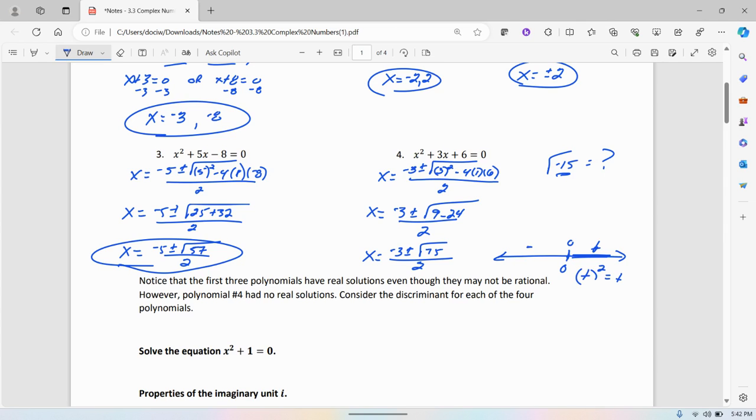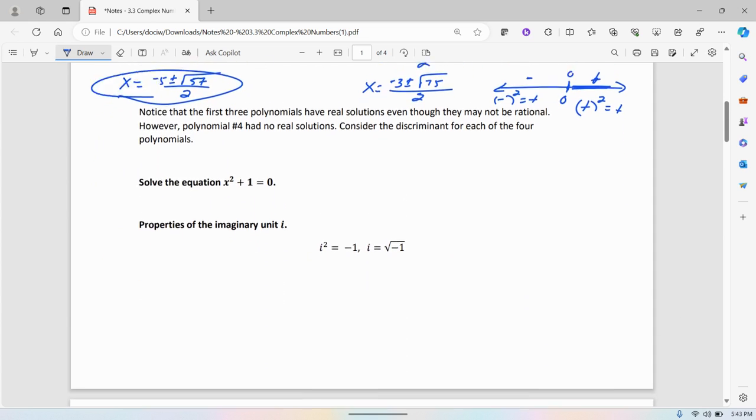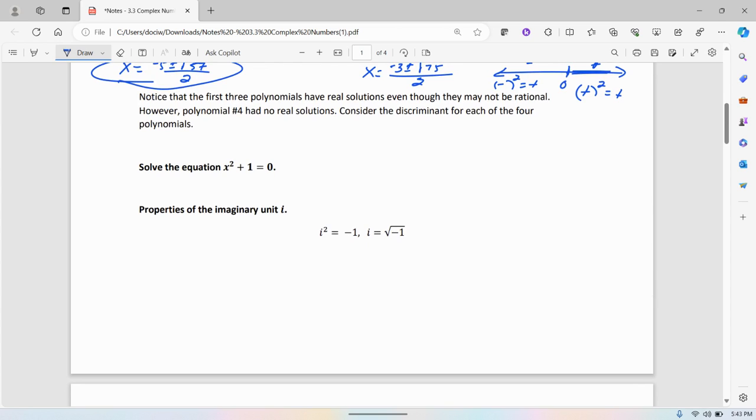Any negative number squared is also a positive number. There is no real number. There is no number on the real number line that I can square and get a negative number. Yet in mathematics, if something's true, it's always true. So this is going to lead us into the realm of imaginary numbers and complex numbers.